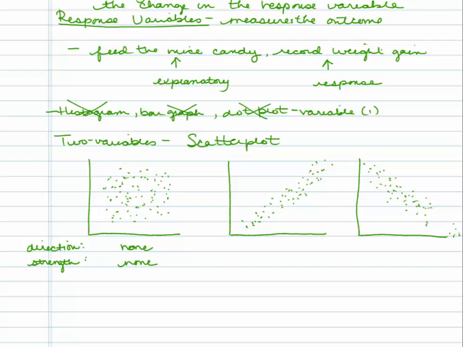When you're looking at this one, notice it's increasing. So it's a positive association. This would be like feeding the mice candy and then gaining weight. The more candy you feed them, the more weight they would gain. That would be the type of what you would expect for this.